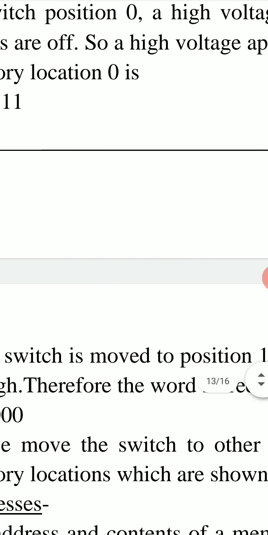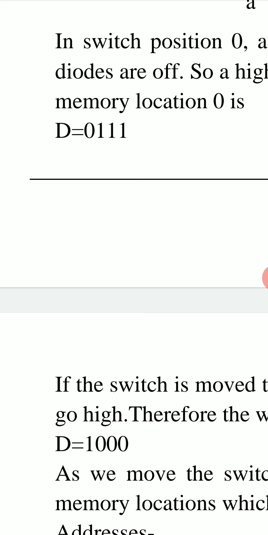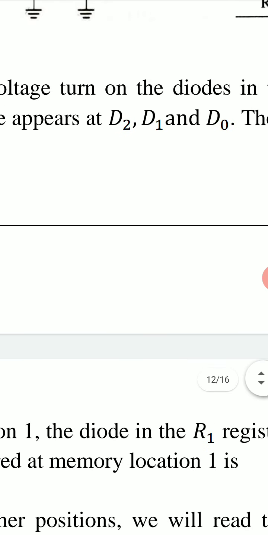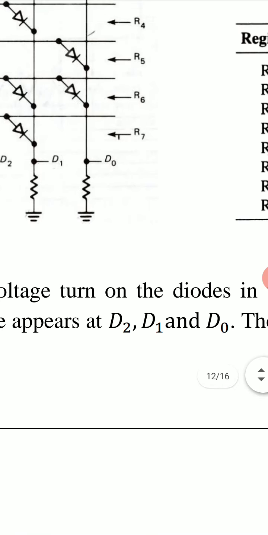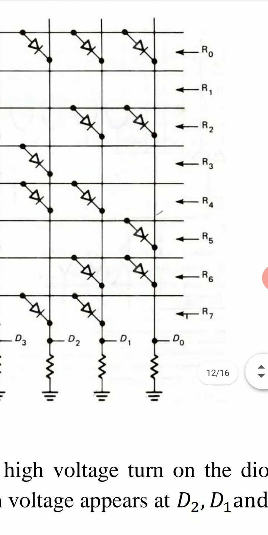All other diodes are off. So a high voltage appears at D2, D1 and D0. D2, D1 and D0 are connected to these 3 diodes of register R0.